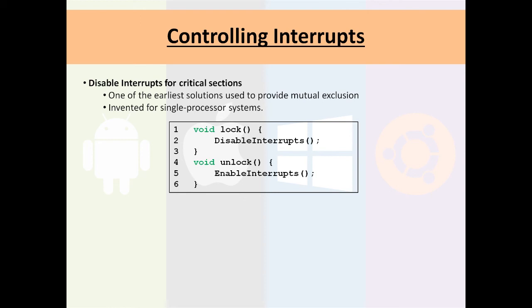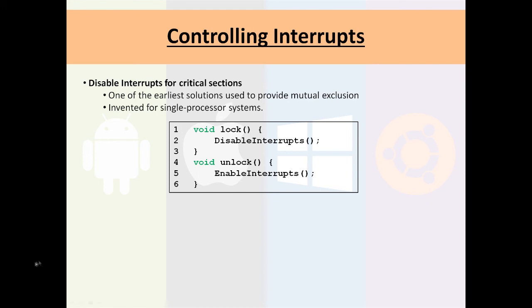Now, one of the simplest locks that you could think of would be to simply disable interrupts, preventing that context switching or that interleaving from occurring, right? So one of the earliest solutions was to do exactly that. And this was invented for single processor systems.